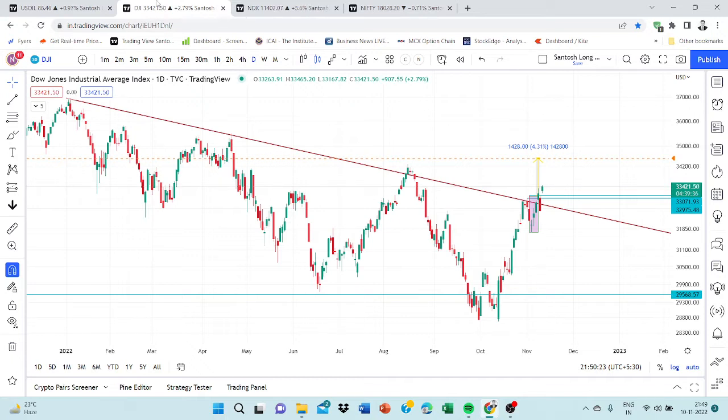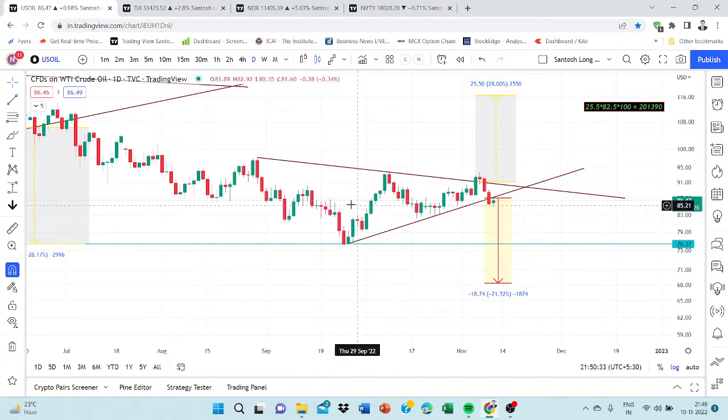Before that, I would like to make a small amendment to what I told earlier in my crude analysis video. This is the crude chart. If you want to see my last video, the link is in the description. My target was this much. This was the breakout candle, and in this candle I was supposed to enter at this level.